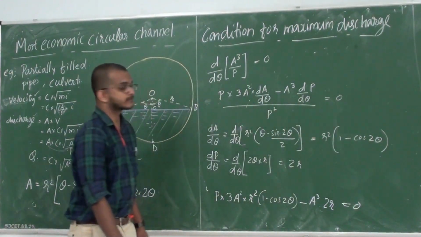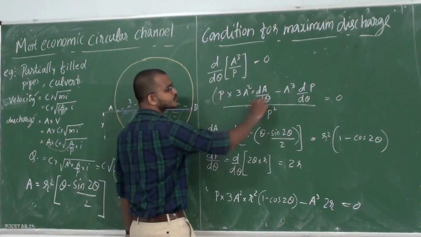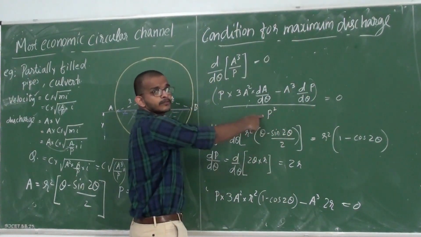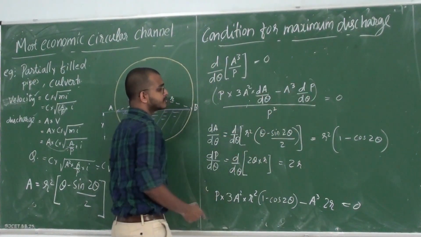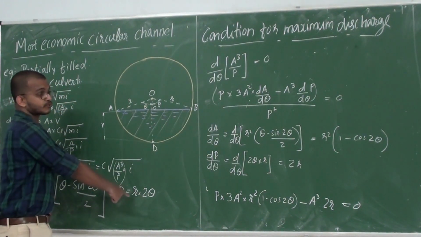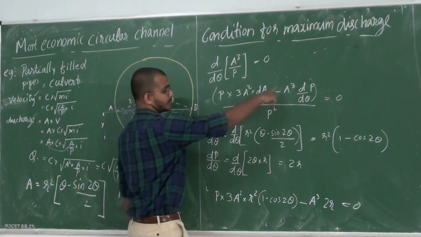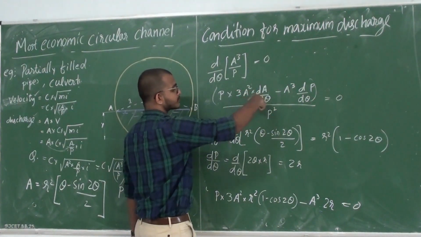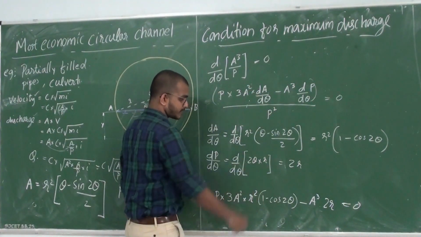That means the numerator has to be 0. The denominator cannot be 0. What was P? P is equal to 2 theta into r. This cannot be 0. So this value is 0 when the numerator is 0. So equate the numerator to 0.